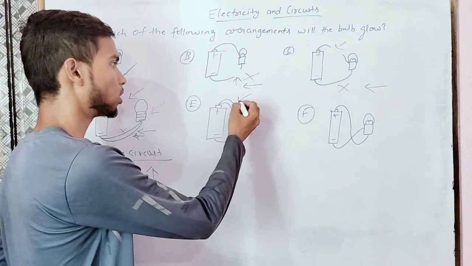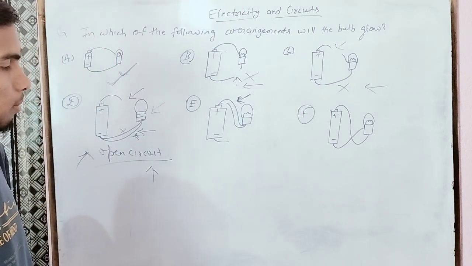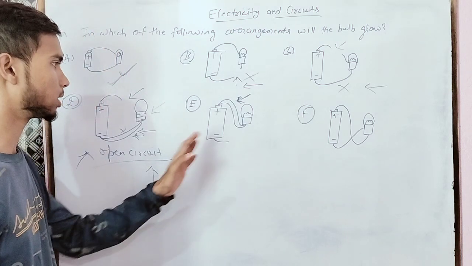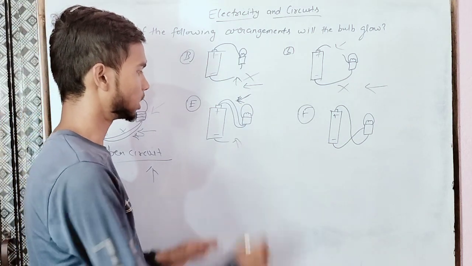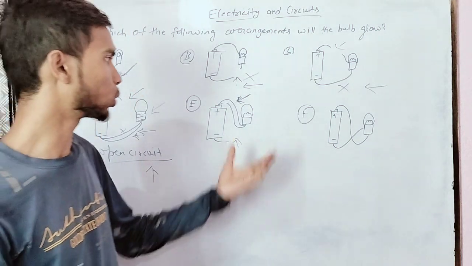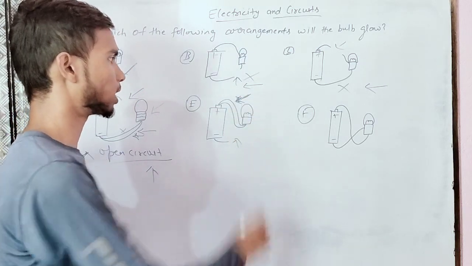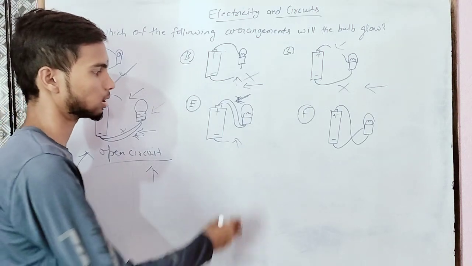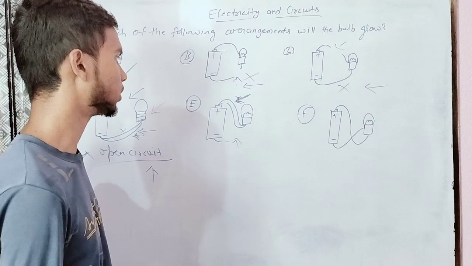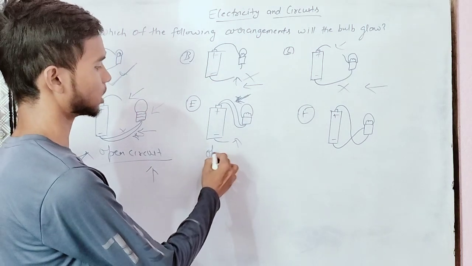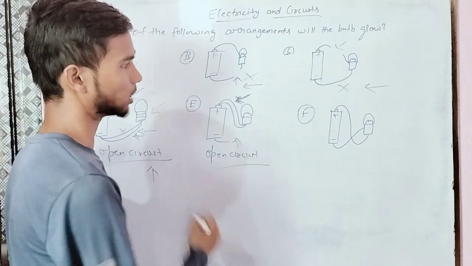Because two wires are connected, the bulb in this figure will not glow, and here this wire is not connected to the electric cell. The arrangement of these wires is incorrect. There should be only one wire. So this is again an open circuit.